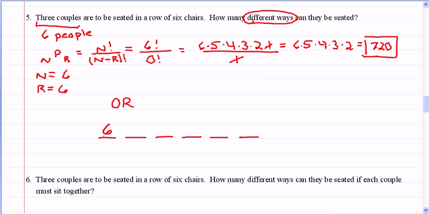So whoever sat here cannot sit in the rest of the chairs, so you have 5 people left that can sit in the second chair, then 4, then 3, then 2, and then 1. Multiply these all together and you get 720. So this problem is definitely shorter by the counting principle, but just so you can see 2 ways, it's also done as a permutation.